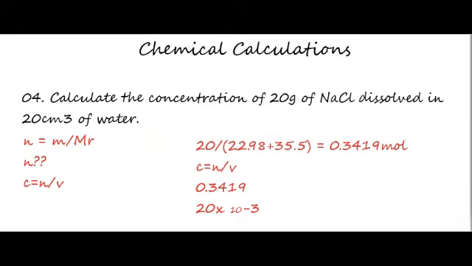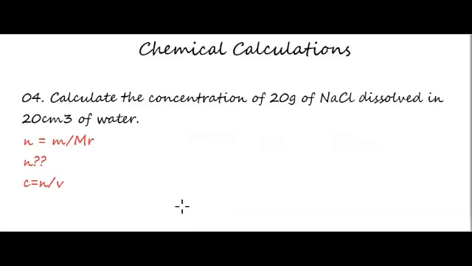Let's see if we have made any mistakes. We are humans, we can make errors. 20 grams of NaCl. Now this is how we calculated it. 20 grams divided by 22.89 plus 35.5.